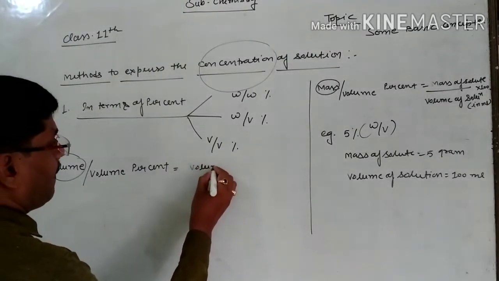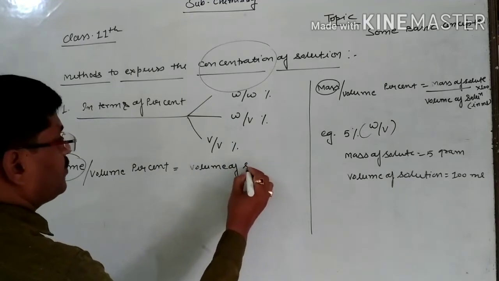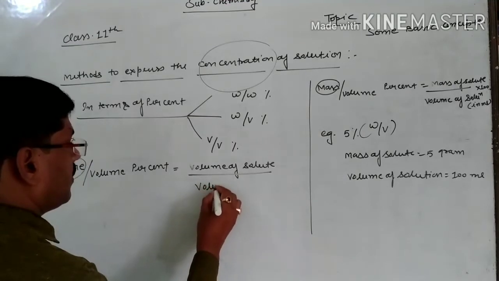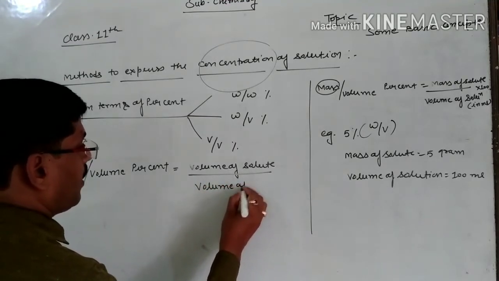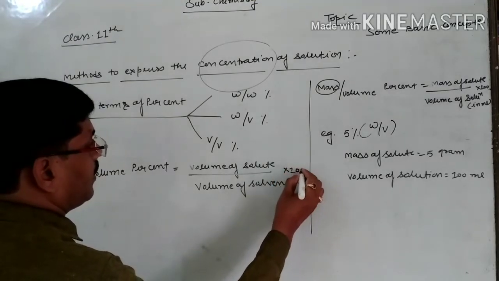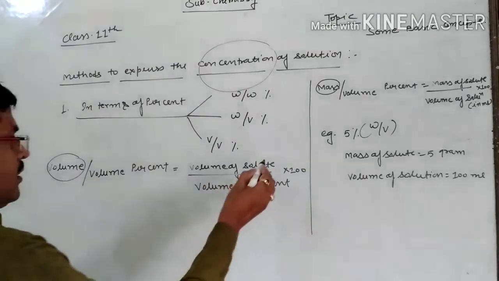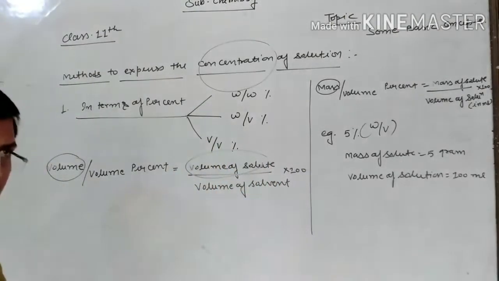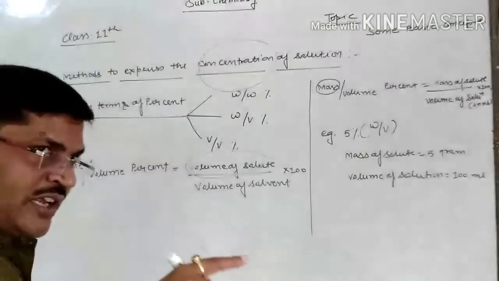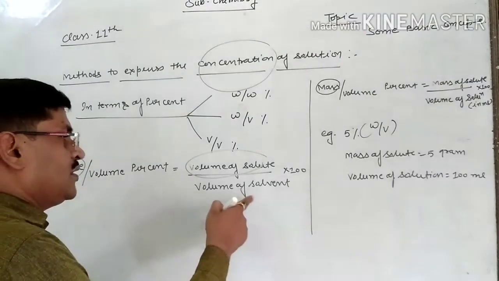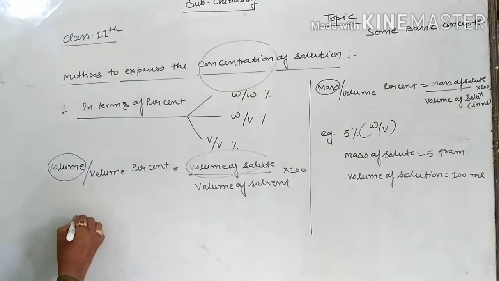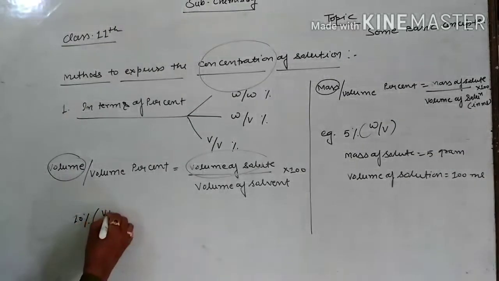Volume of solute upon volume of solution into 100. Volume of solute in ml, volume of solution is taken as 100 ml. Suppose 10% is given in bracket V by V.